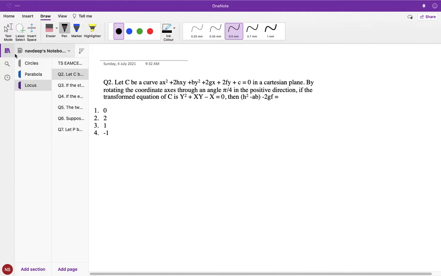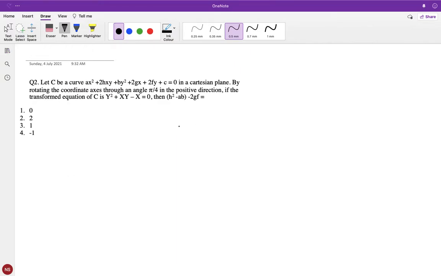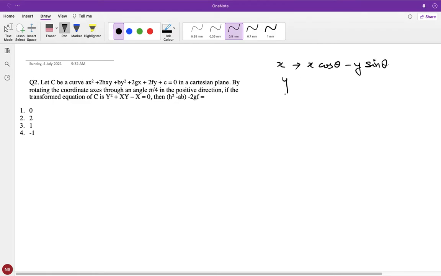Okay, next problem. Let C be a curve given by this. When I rotate the axis through an angle pi by 4 in the positive direction, the transformation is this, then h square. It's very easy, you know, when you rotate the axis, x is transformed to x cos theta minus y sin theta, and y is transformed to x sin theta plus y cos theta.